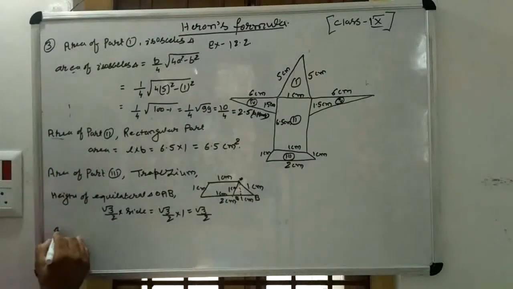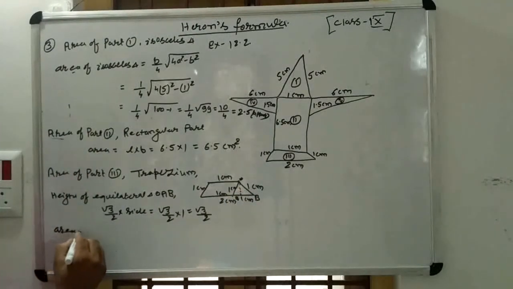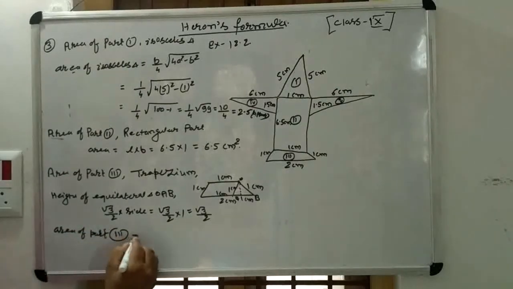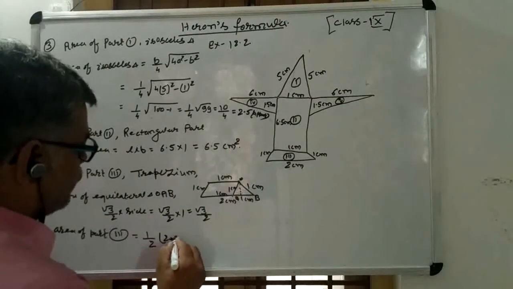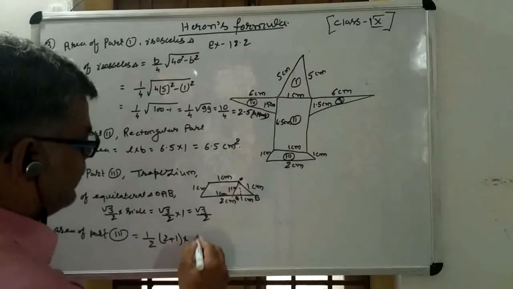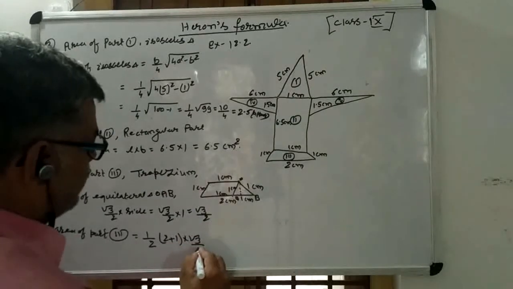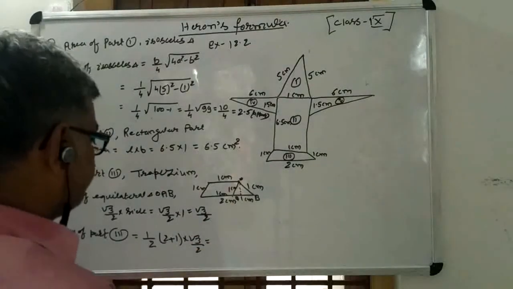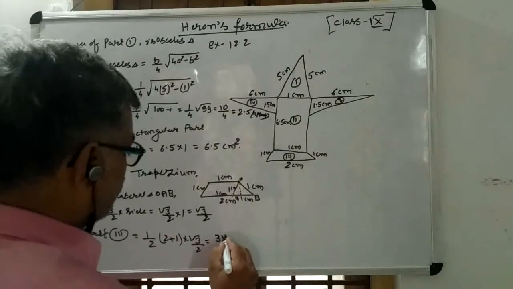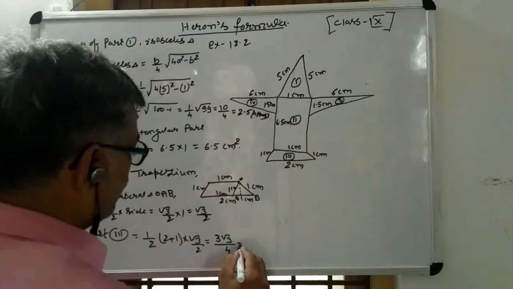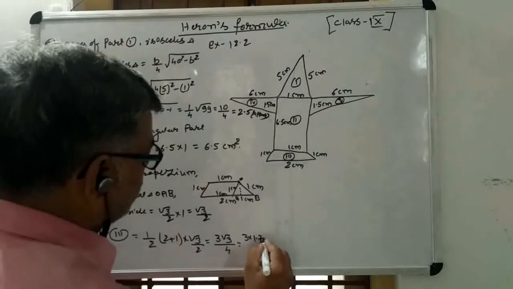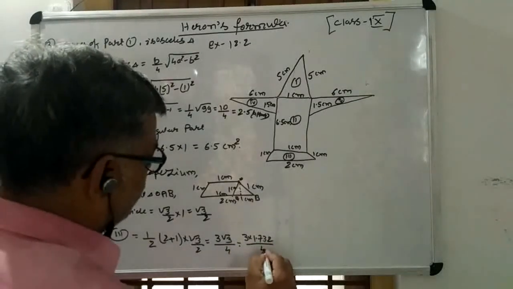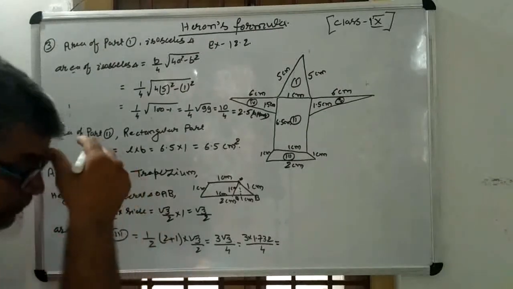Now area of trapezium, area of part 3, will be equal to half into the sum of parallel sides, that is 2 plus 1, into height root 3 by 2. So it will be 3 root 3 by 4. And you know the value of root 3 is 1.732, so 3 into 1.732 is 5.2, by 4.